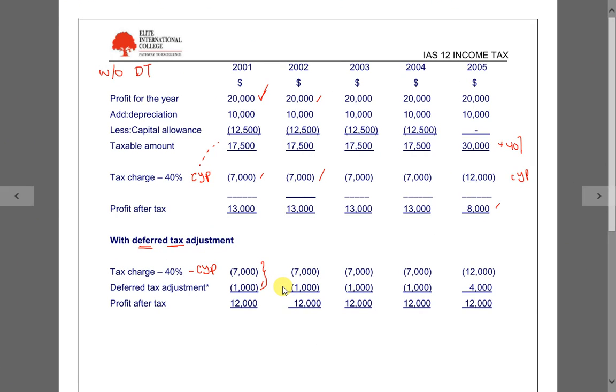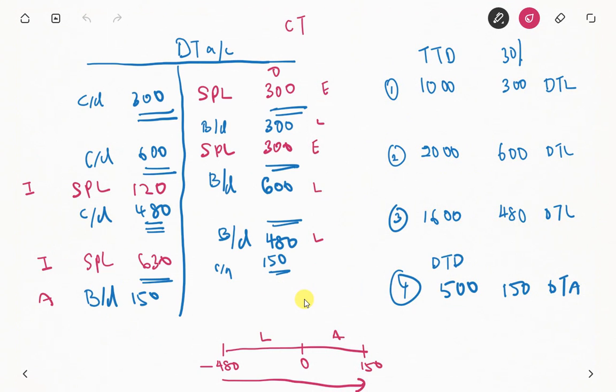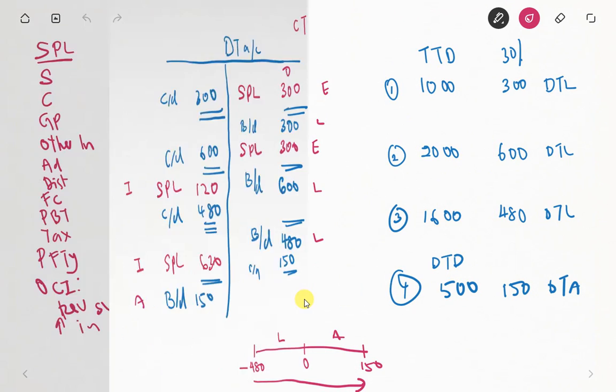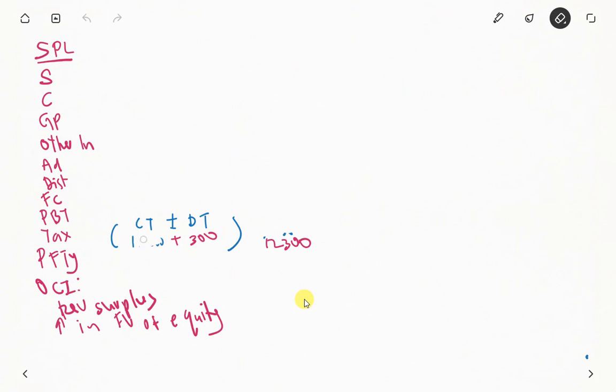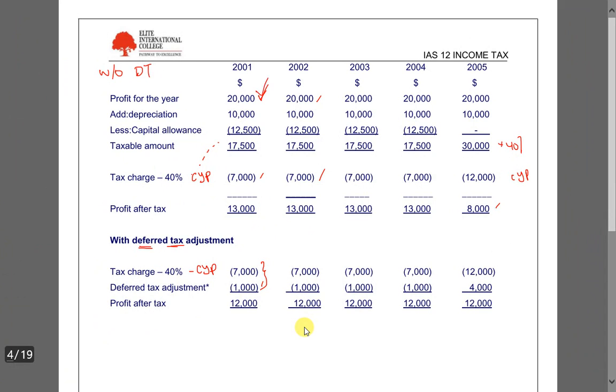How to get the 8 there? 7,000 is current year. 1,000 is deferred tax. So it's 8. So the tax I'm going to charge in my P&L is 8. So 20 minus 8.